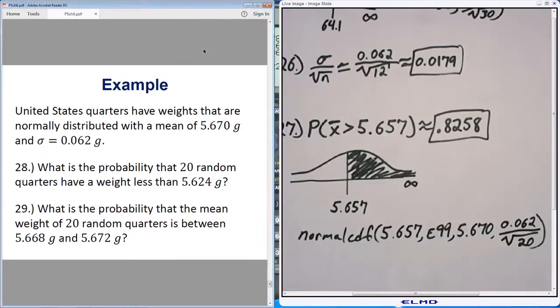Number 28 and 29 have the same setup. Number 28 asks, what's the probability that 20 random quarters have a weight less than 5.624?